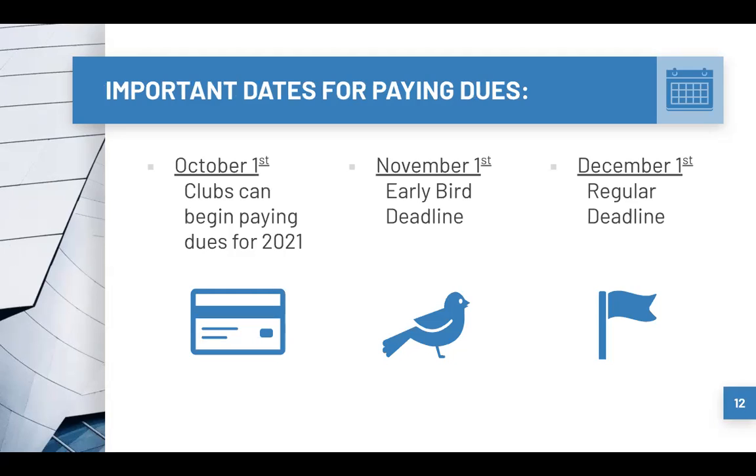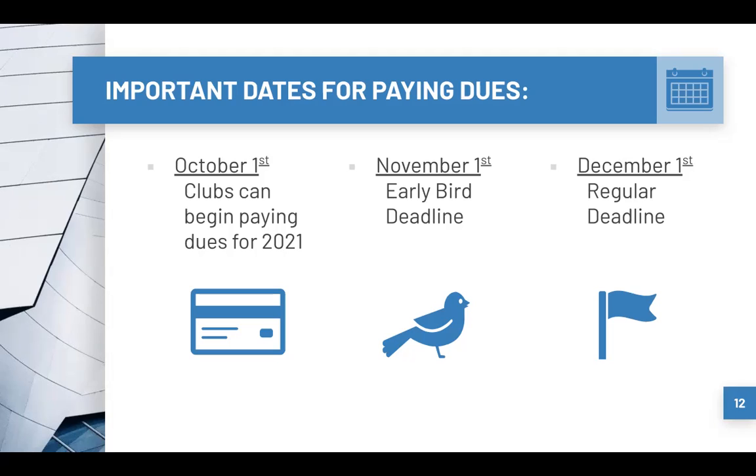With COVID this year, the regular deadline was pushed back to January 5th, and then some clubs were also given a certain status, which means that they either had a payment plan or their deadline got extended.